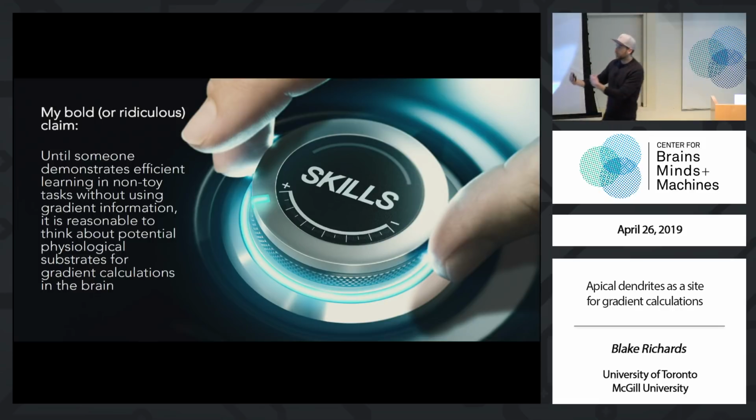If someone comes along later and shows how you can learn better without following loss gradients, great, then I'm happy. That's how science progresses. But until I see a demonstration of that, I think it's a perfectly reasonable question to ask, how might the brain calculate gradients of loss functions that it might be interested in? And so that's been a goal in my research in my lab for the last few years.